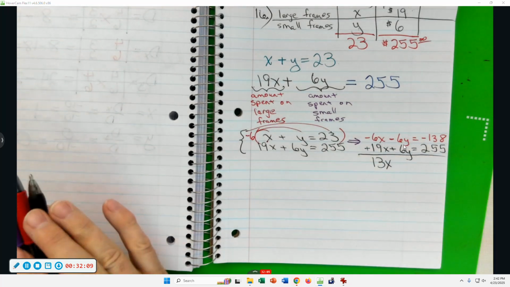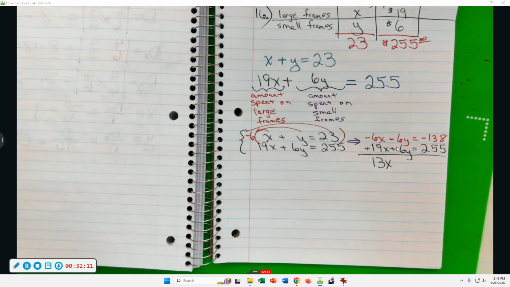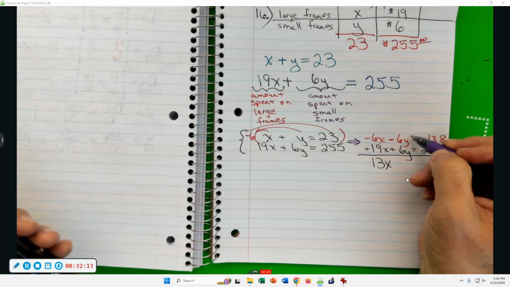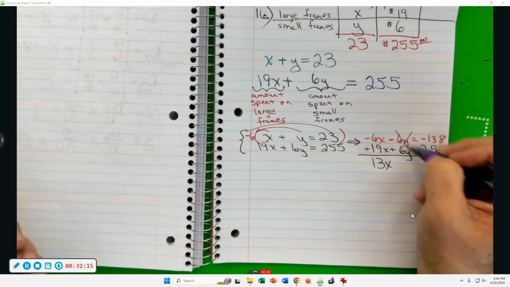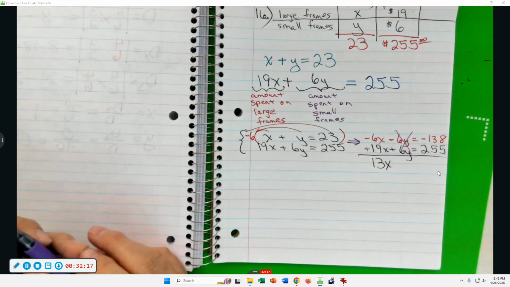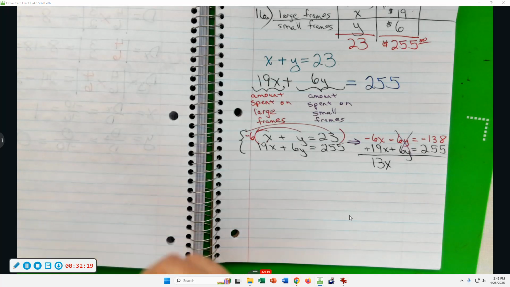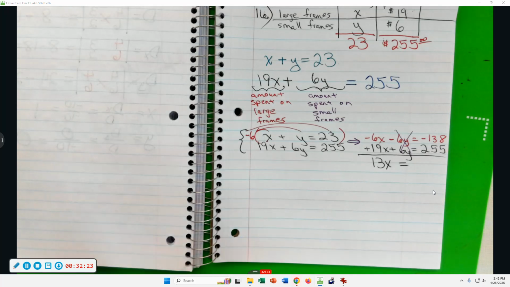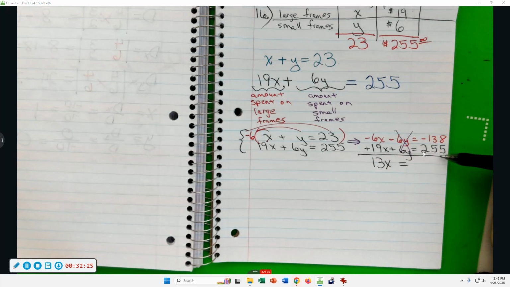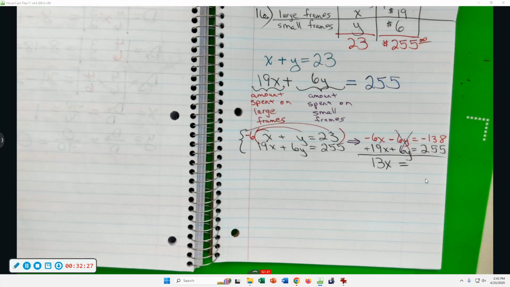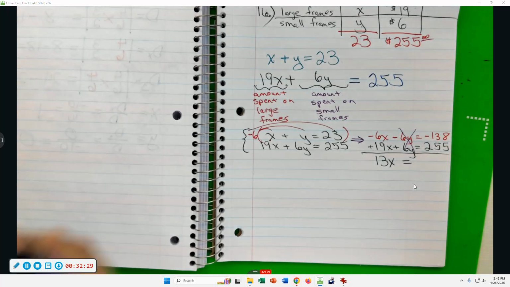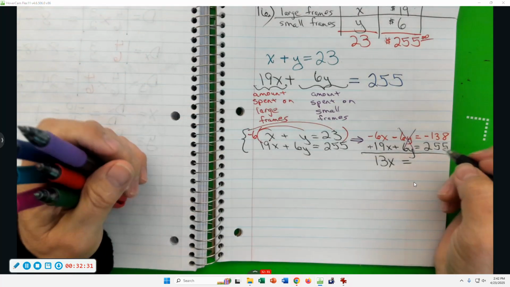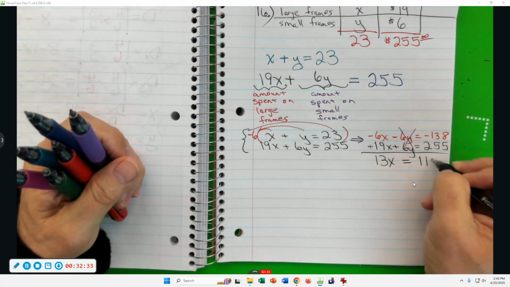And what's about to happen to the y terms? That's why they call this elimination. Those things are gone. I made them leave, okay? By multiplying by negative 6 and adding them together. Negative 138 plus 255 is going to give me a positive 117.